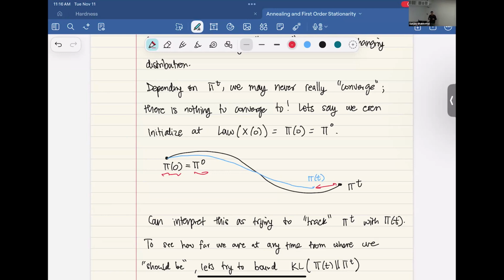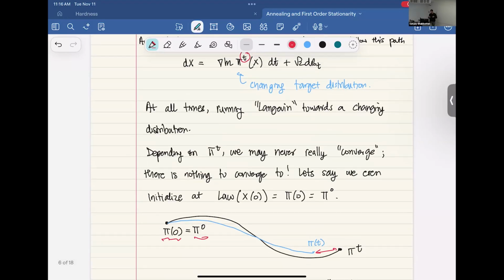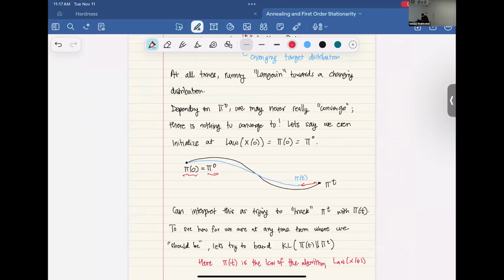I guess the intuition is that if you evolve this path slowly enough, then you can actually track this with annealed Langevin, with this algorithm that I've described. And in some sense, if you do it too fast, then you can't hope to do that, because the distribution that you're targeting is moving so fast that you can't ever get to it. So the way to interpret this is we're trying to track this pi superscript t, and at any time we're at pi of t.